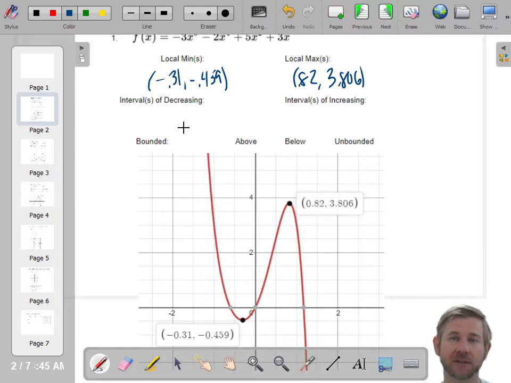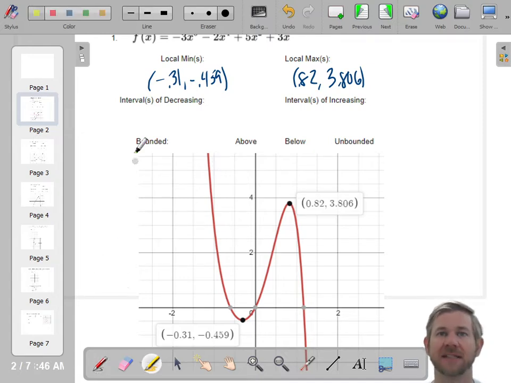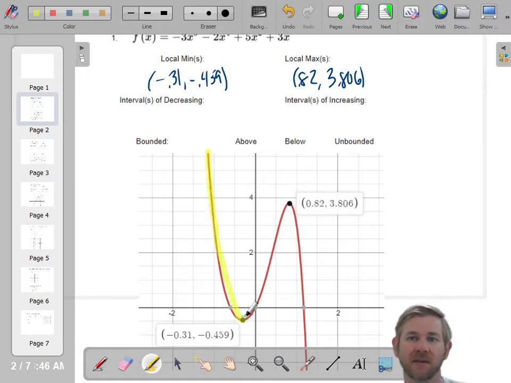When I do intervals, this is where you've got to think, am I using brackets or parentheses? So for intervals of increasing and decreasing, the most important thing to remember is that we are only talking about x values. We're describing the x values. And if it says, where are we decreasing? As you read left to right, this function is decreasing from there to there, and then down like that.